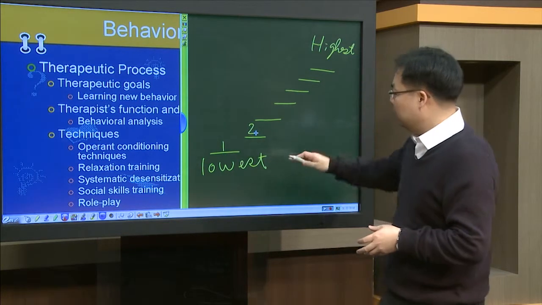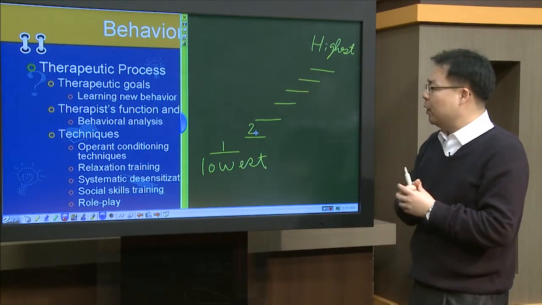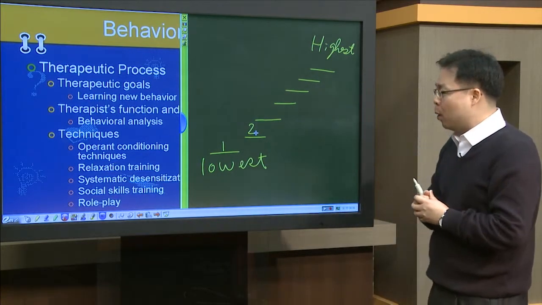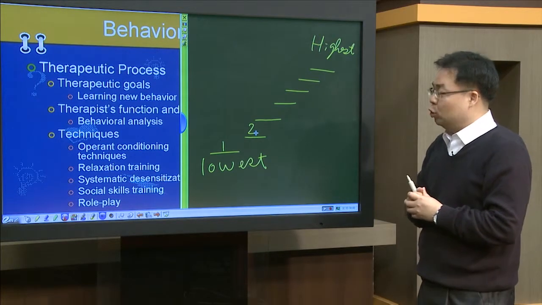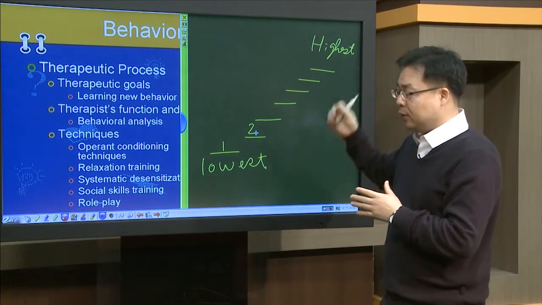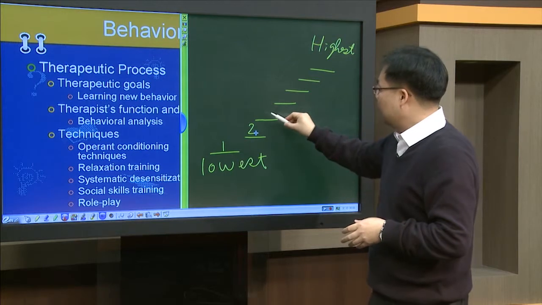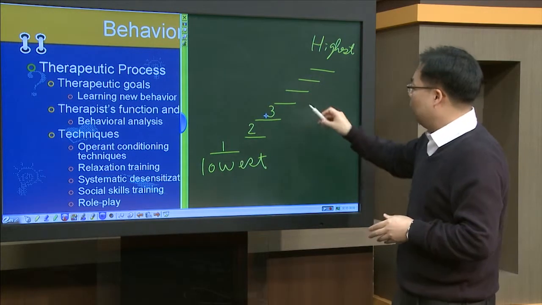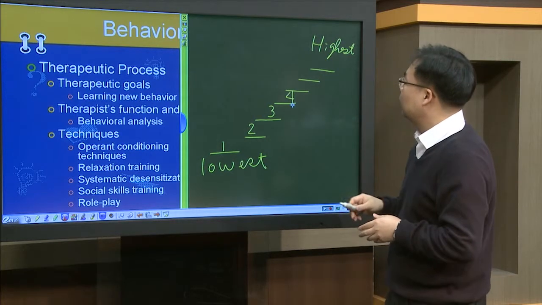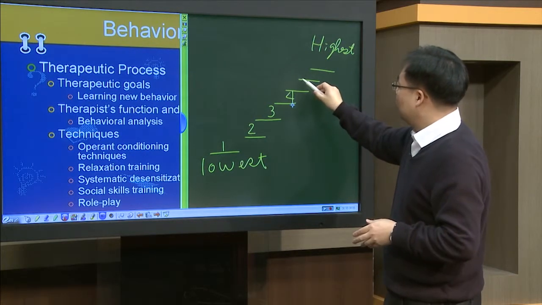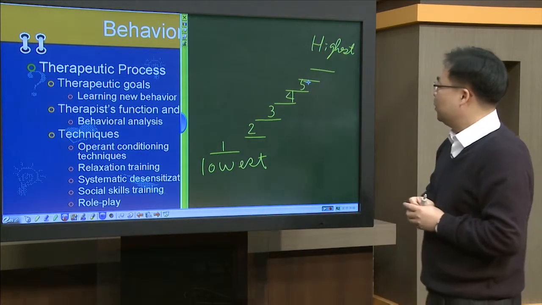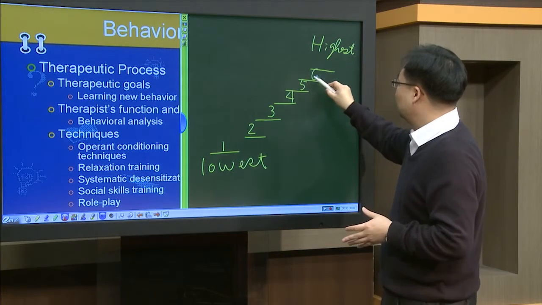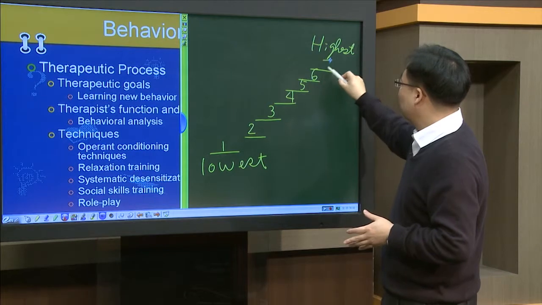Stage 2, what would be the next higher level of anxiety? That will be about 2 weeks before the test, and 10 days before the test, and 1 week, and 3 days before, and on the test date, and right before.